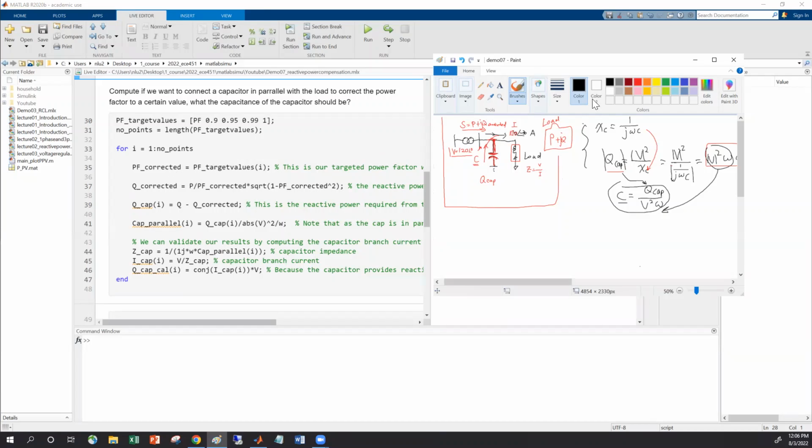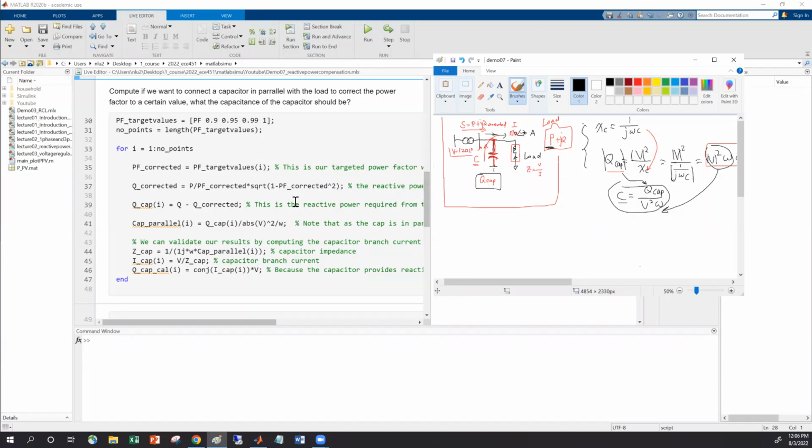So one thing that we need to notice is that for this correction process, the real power consumption will not change, because this capacitance will simply be providing the reactive power. So what is unchanged is this P value.